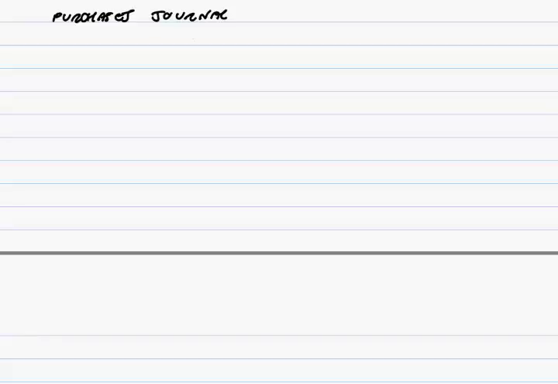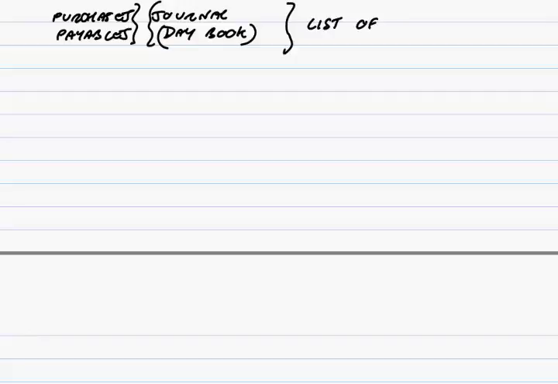Now this can be very confusing, it's the purchases journal, or sometimes called the payables journal, or daybook. Daybook is now a bit old-fashioned, but purchases journal, purchases daybook, payables journal, payables daybook. Whatever we choose to call it, it's simply a list of all purchases on credit.